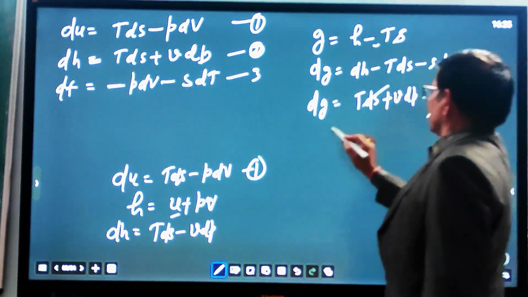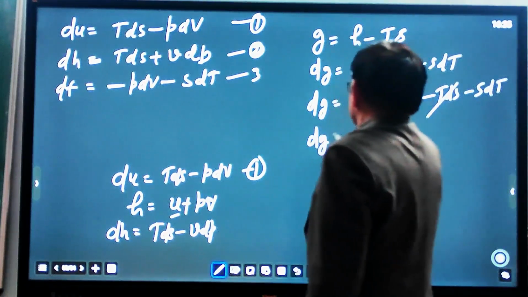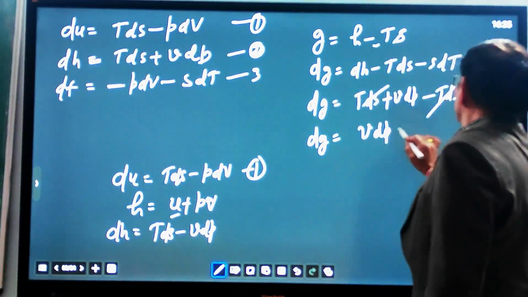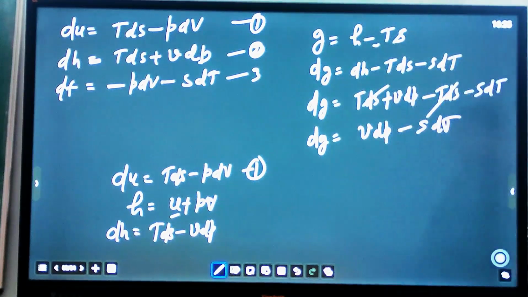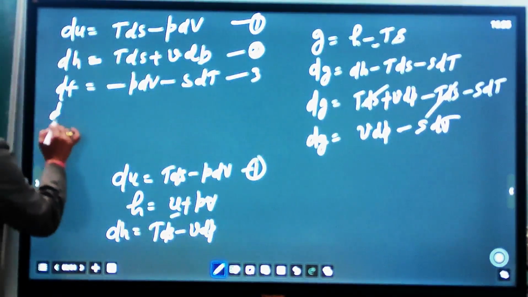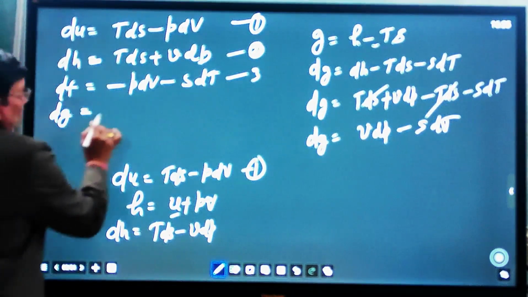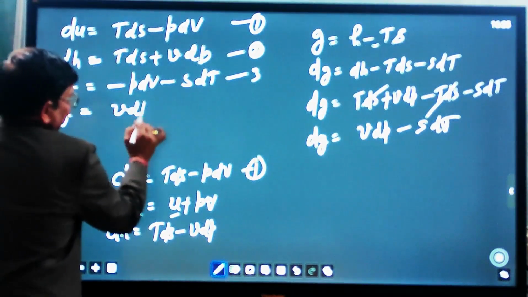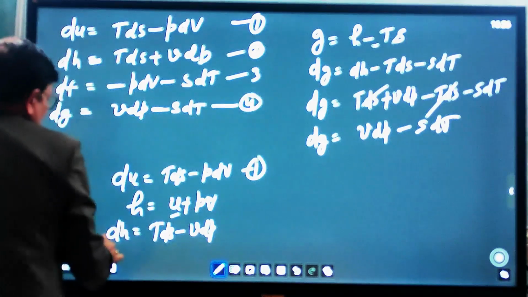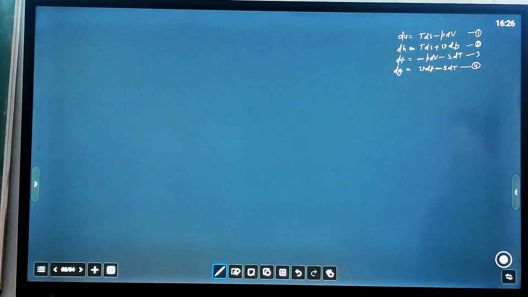Removing TdS, dG equal to VdP minus SdT. This is the fourth equation: dG equal to VdP minus SdT.